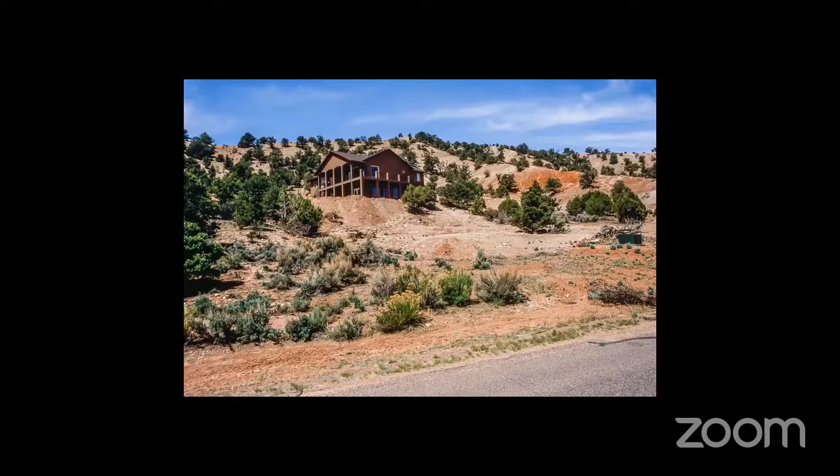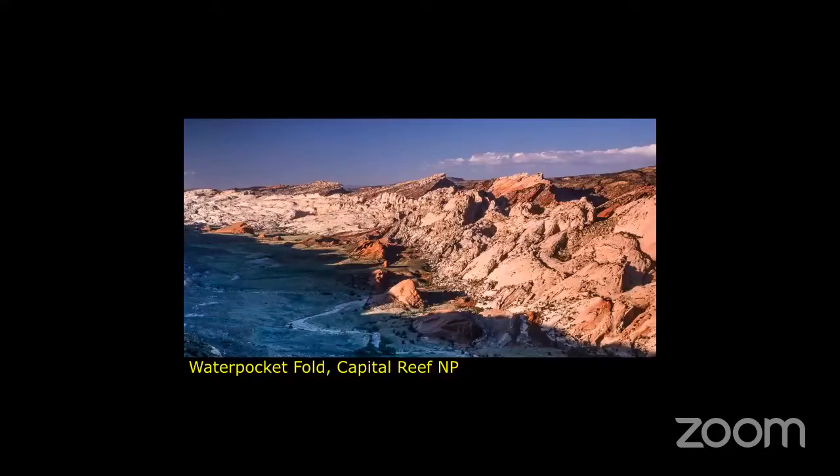This photograph is showing the water pocket fold, which is a flexure. It's a big, long, linear flexure in the crust of the earth that brings the rock formations up to nearly vertical, and that's where we find Capitol Reef National Park. A lot of very interesting rock formations to see here, as well as Pediocactus winkleri.